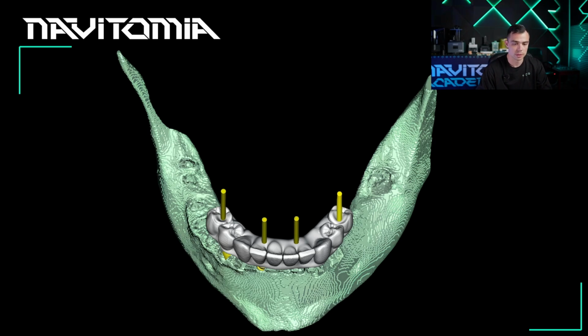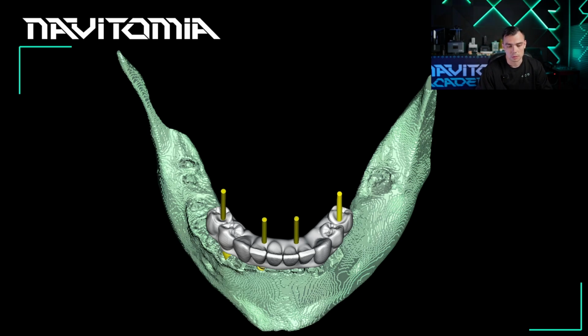What does passive mean? That you do not need to apply any additional force or movement for a prosthesis in order to fit it to the superstructure of the implants.